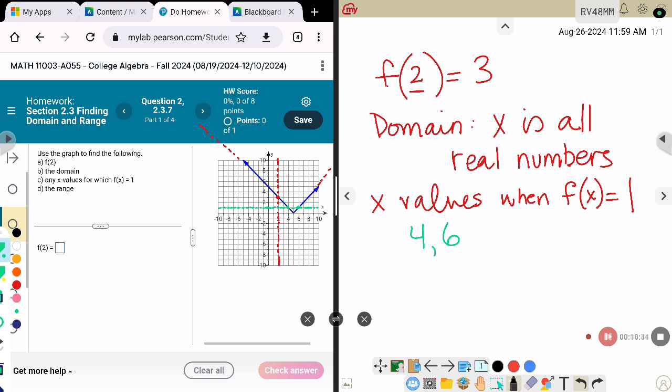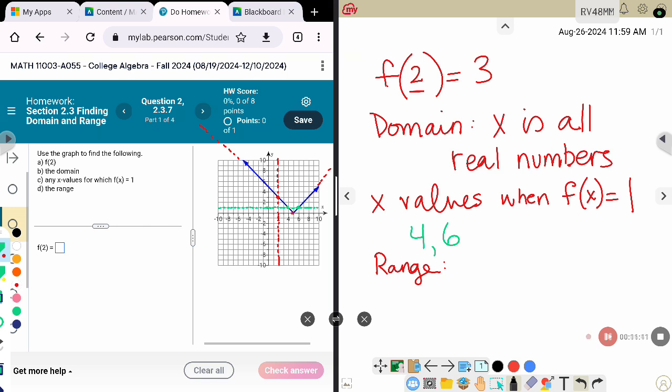Then the last part of this is going to ask me what the range is. Now, the range is the y values of this graph. Unlike the domain, which went to the left and right forever because of those arrows, this graph actually doesn't go on forever in every direction. The range is your y's, and it's kind of like looking from the bottom of the graph to the top. The very lowest point is this point here.